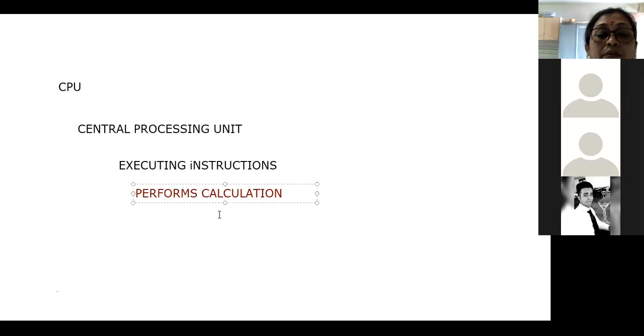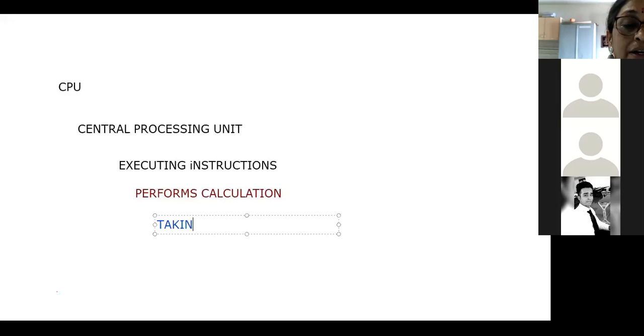And as this is a programmable machine, it is a smart machine. It is also capable of taking decisions. Okay, so the function of taking decisions is done by this CPU.